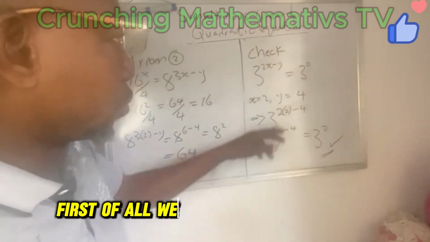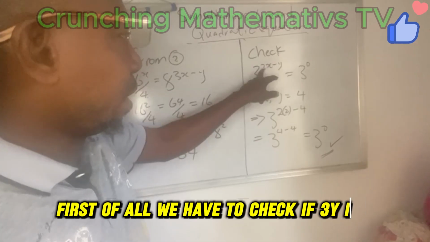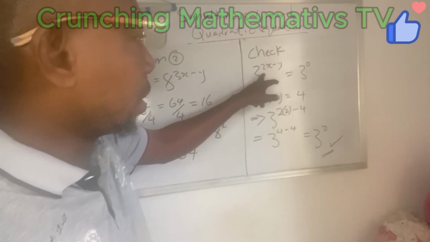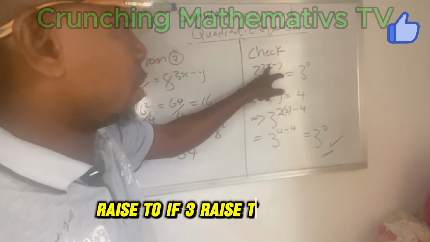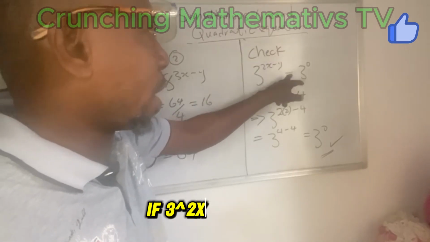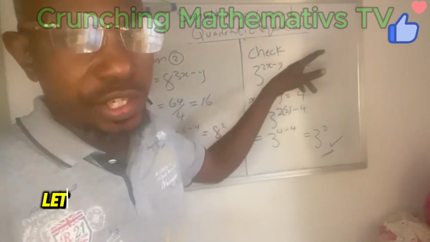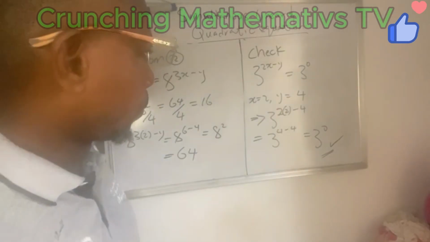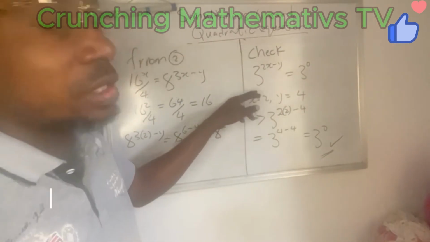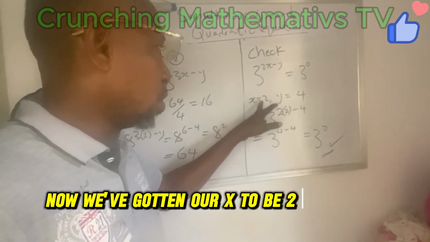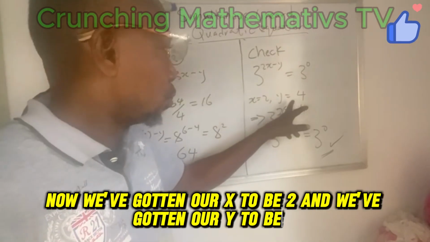First of all, we have to check if 3 raised to power 2y minus 2x minus y is equal to 3 raised to power 0. Let's check that first, which is equation 1. From our equation 1, we have x. Now we've gotten our x to be 2 and we've gotten our y to be 4.